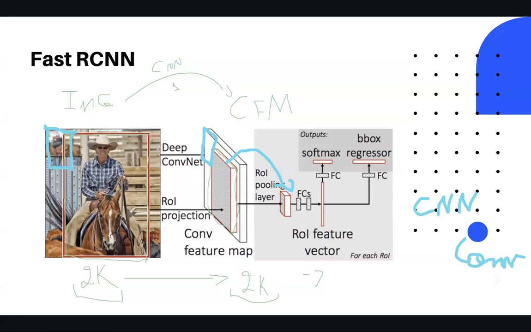Anybody know another type of layer? Dropout. Well, dropout is technically a calculation, but in implementation all of these things are layers. Fully connected layers, at the end. We also have another thing, pooling. Yes, perfect.